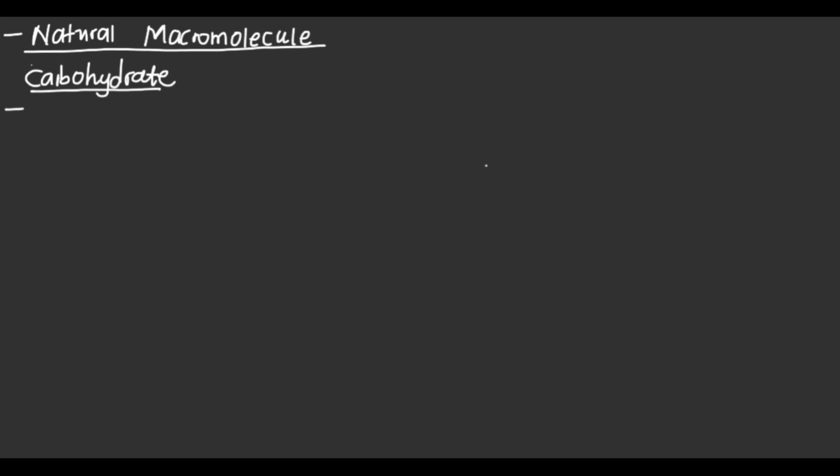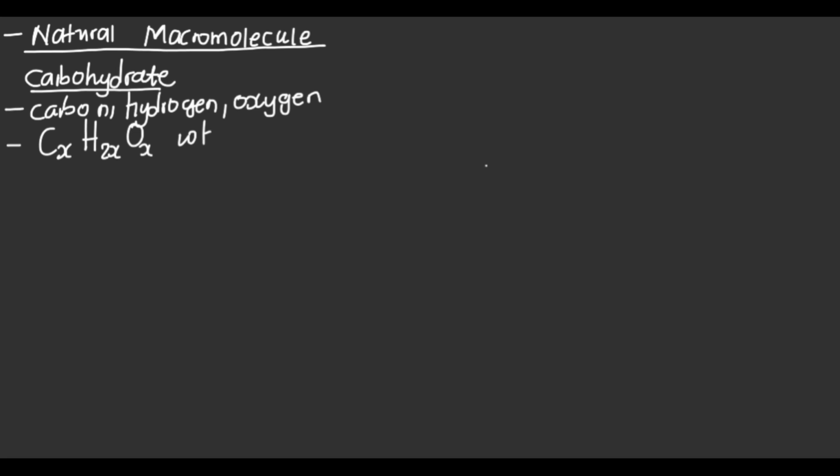Now, we need to look at the elements that are found in carbohydrates. So, under carbohydrates, we have carbon, hydrogen, and oxygen. Then we can also assign the general formula for these carbohydrates. We have CxH2xOx, where x is a multiple of 6.